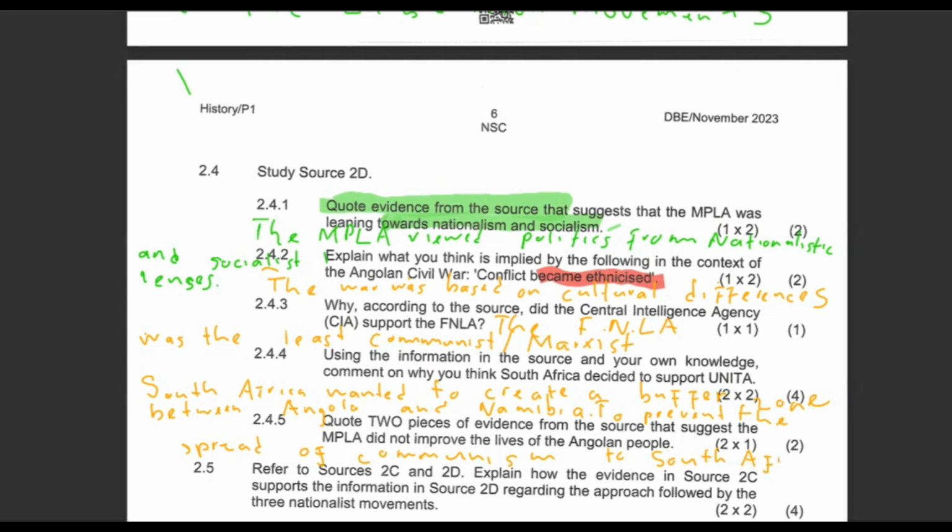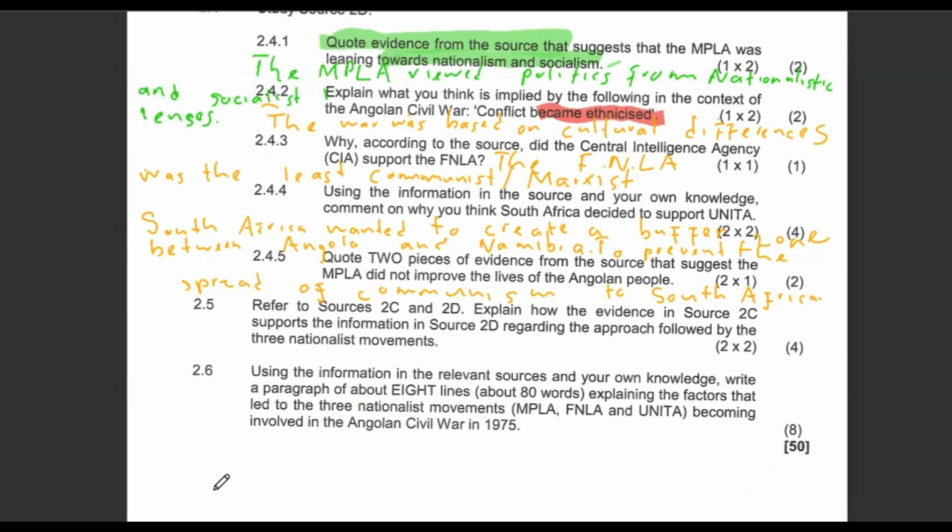They also opposed communism. Simply because they supported UNITA, UNITA itself was a less communist liberation movement. So that's why the apartheid government got involved.